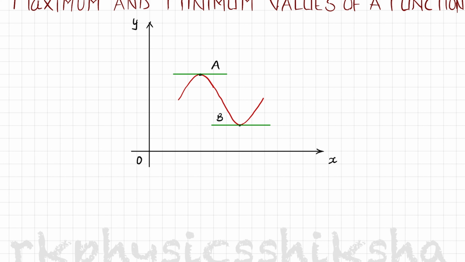That means dy by dx at A is equal to 0 and dy by dx at B is also equal to 0. If you are provided with the graph, fine, at A it is maximum, at B it is minimum, you can see it and say it.